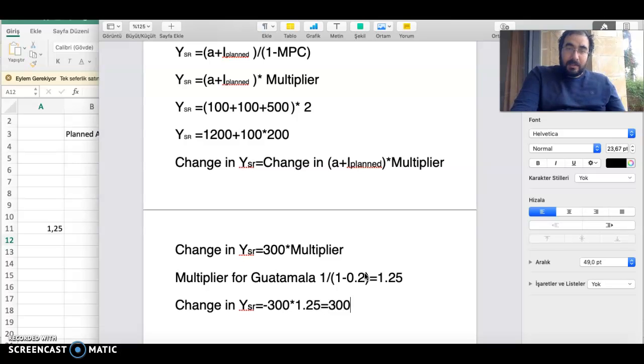And basically this is equal to, if we divide it to 175, it's just 375. So in Guatemala it was minus 1,000, 3,000 in Haiti it is 375. Of course, both countries are extreme cases in this case.